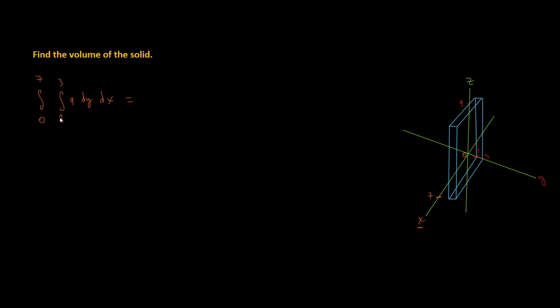So for the inner integral, this part, we have 9. We integrate the 9, just add the x. Actually, the y. We're integrating with respect to y. All right. So put our boundaries.